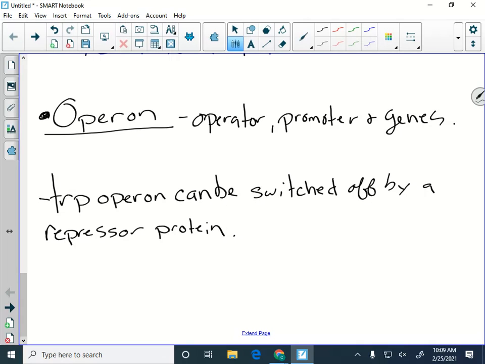Repressors bind to operators and block polymerase. That's all they do. They bind to our operators and they don't let anything else in.